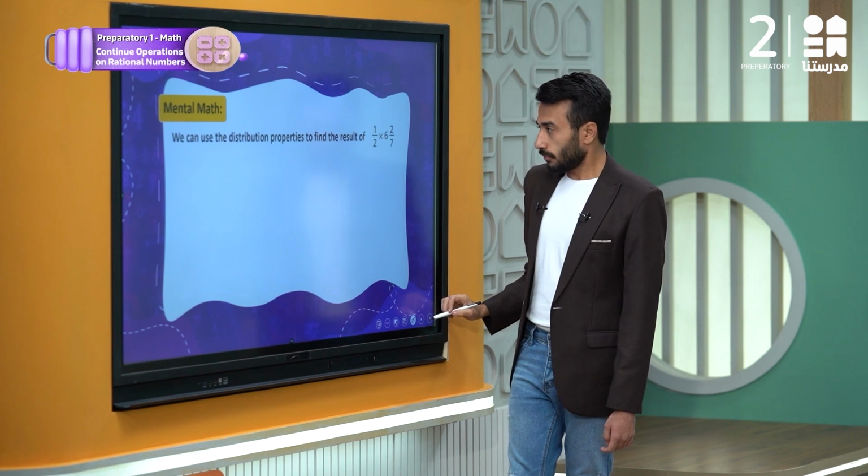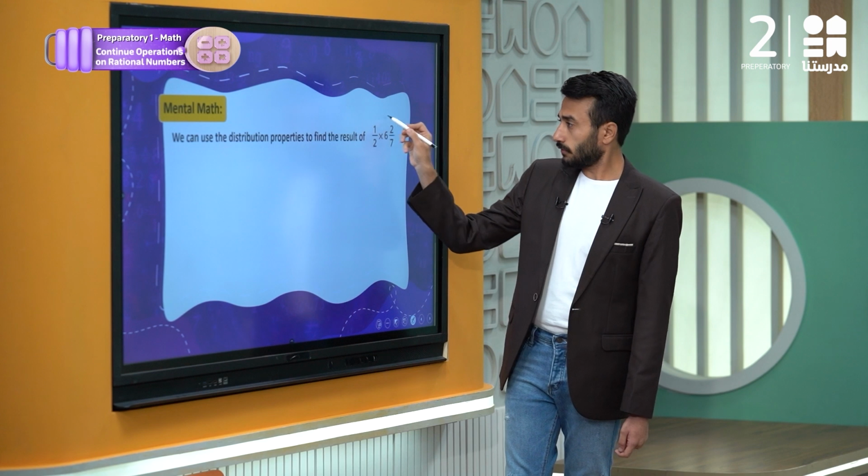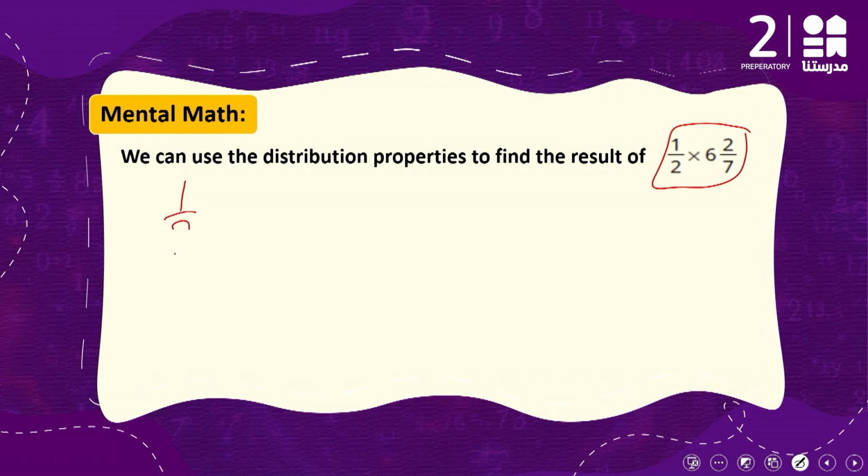Let's go to the second idea of this question. Let's solve this with the distributive property. We have half times 6 and 2 over 7. By using the distributive property, you can take half times this number and half times this one. What's half times 6?